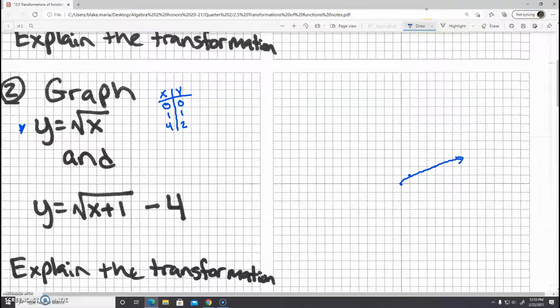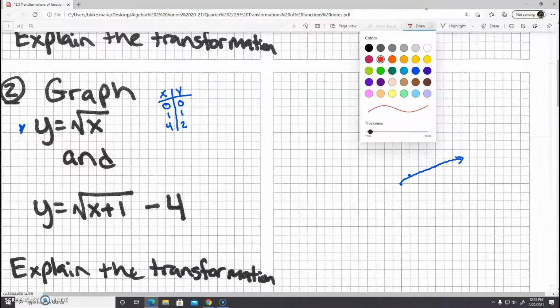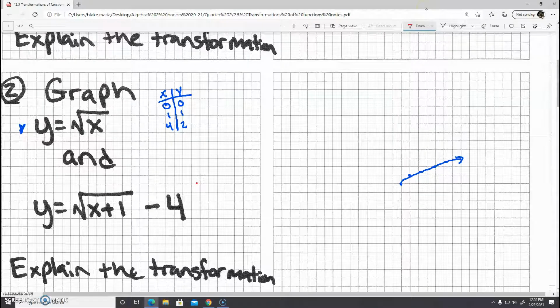Now that we have our parent function, let me change my color, we can explain what's happening here. Just like yesterday, if it's grouped with the x, remember to think opposite. So when I see +1, I'm actually moving to the left one. So you're going to tell me it moves left 1. And then over here off to the side, we're going to move down 4. So we're going to move left 1 and down 1, 2, 3, 4.